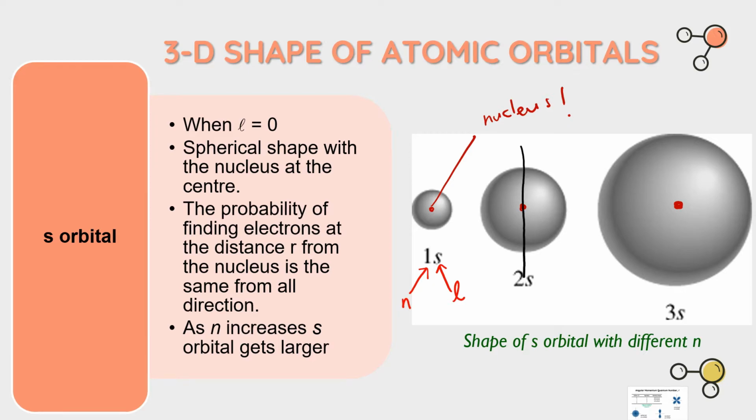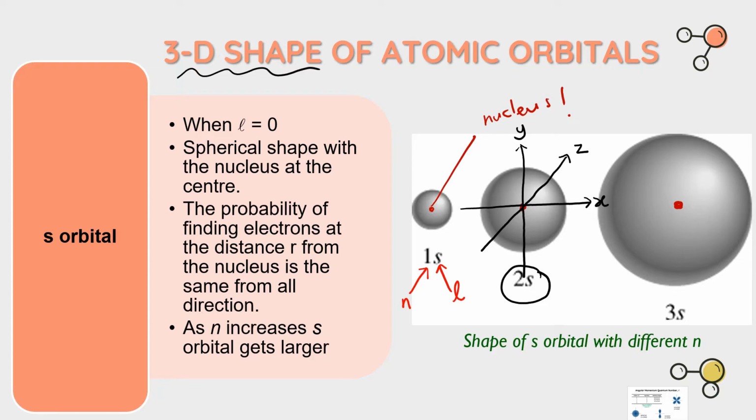So we have y-axis here, this is x-axis, and here we have the z-axis. So you have to draw the axis together with your 3D shape. It is compulsory to draw the axis, and please make sure you label your orbital at the bottom of your drawing.